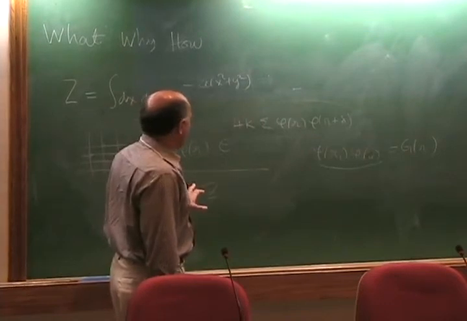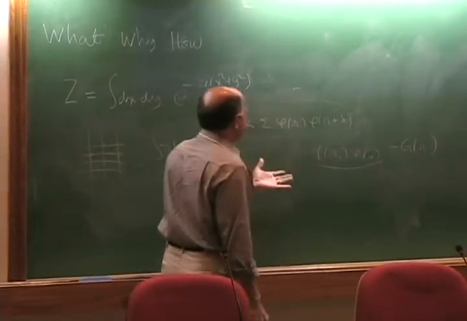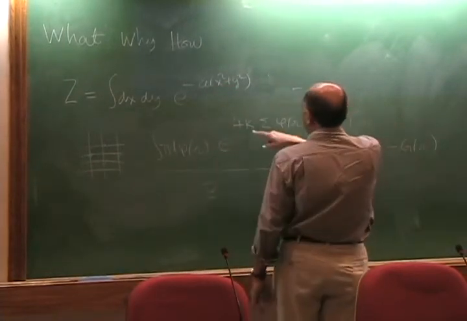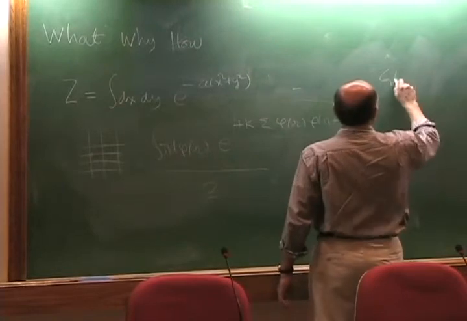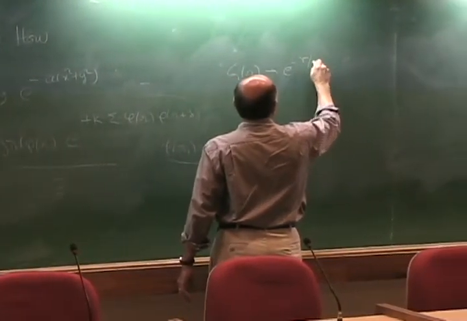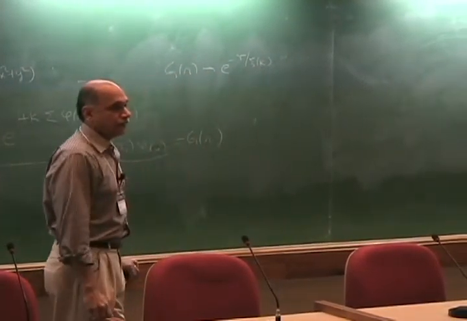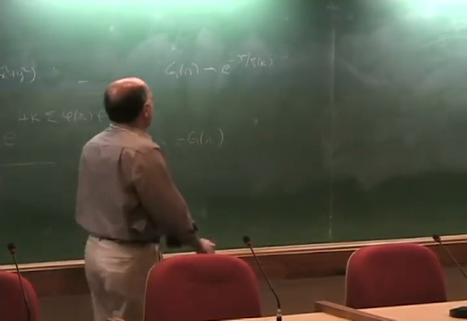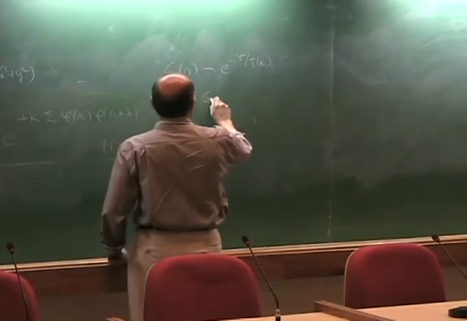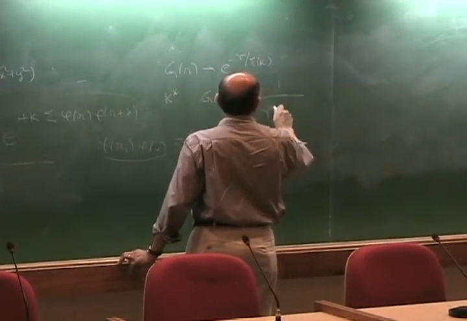Now, when people study this, for classical statistical systems, they find that for the generic value of k, G of r looks like e to the minus r divided by some length called the correlation length. But at a special value of k, on the critical point, people find the correlation function behaves like a power law.